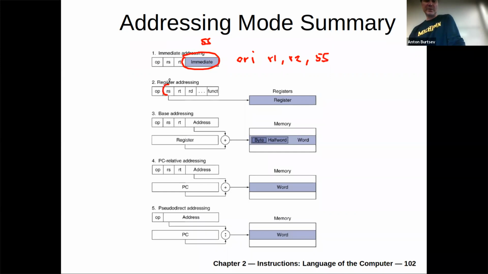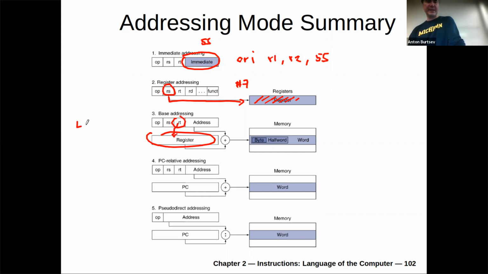This one, you use a register number to point to one of the registers, maybe register 7, for example, and you pick the value from that register. This one is the base addressing, where you take a value from a register, which supposedly should be pointed to by this one.